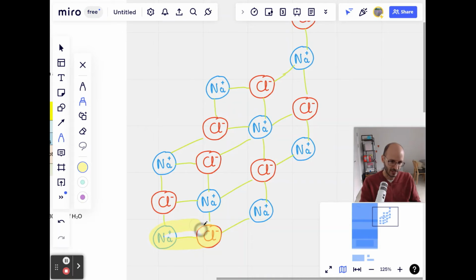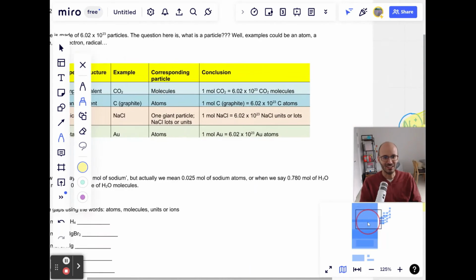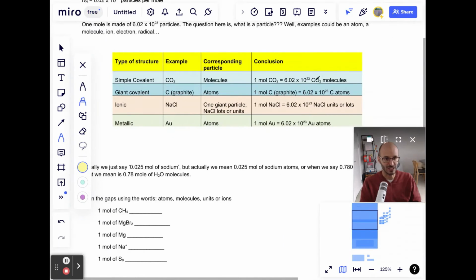You have one unit here, you have another unit here, and they repeat themselves. So how many units of sodium chloride do you think you will have? Well, I think you got the answer. 6.02 times 10 to the 23 sodium chloride units. You couldn't say molecules. That would be completely wrong. Molecule only applies to covalent compounds.